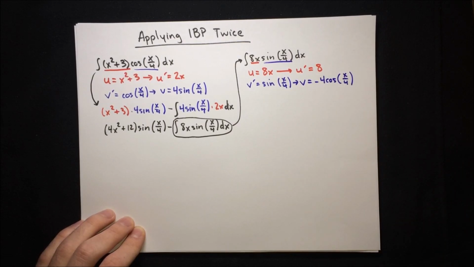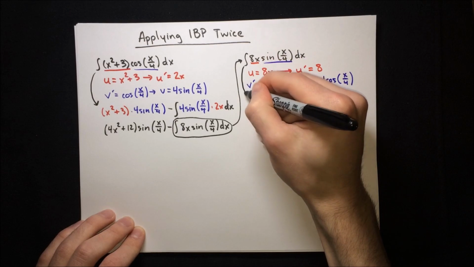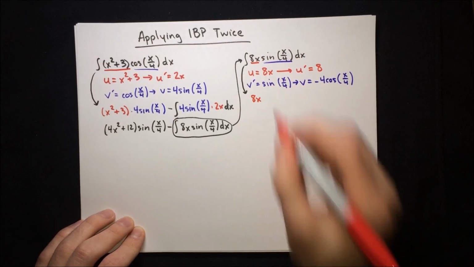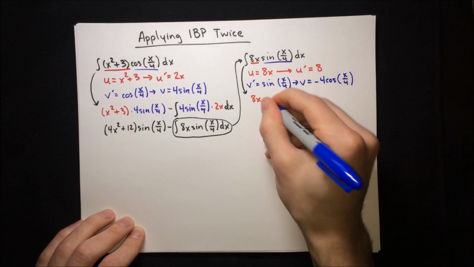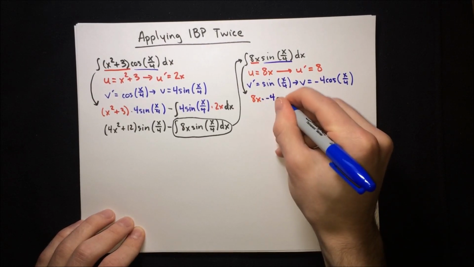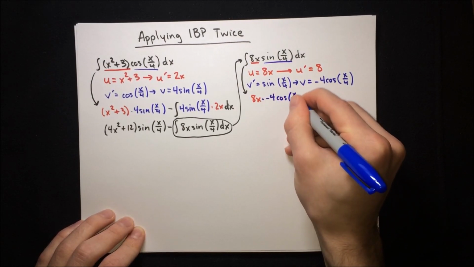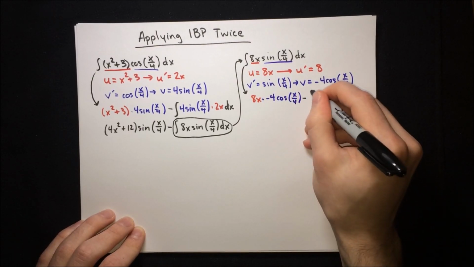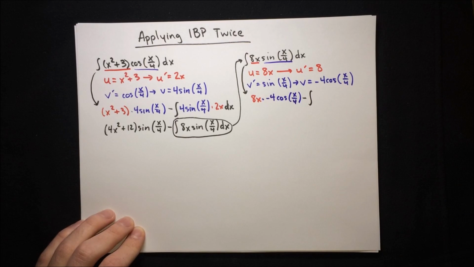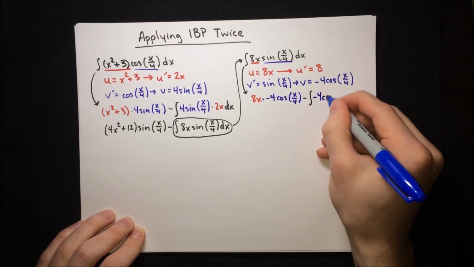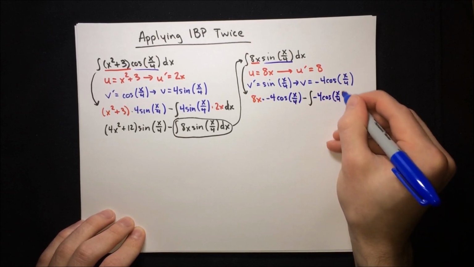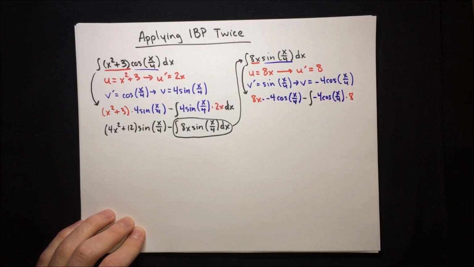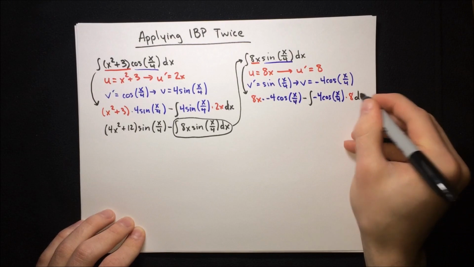And then using our integration by parts formula, this integral is equivalent to u, which is 8x, times v, negative 4 cosine of x over 4, then minus the integral of v again, times u prime. And now we can simplify this a little bit.